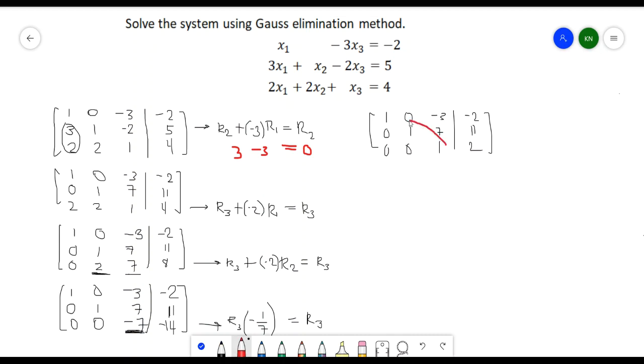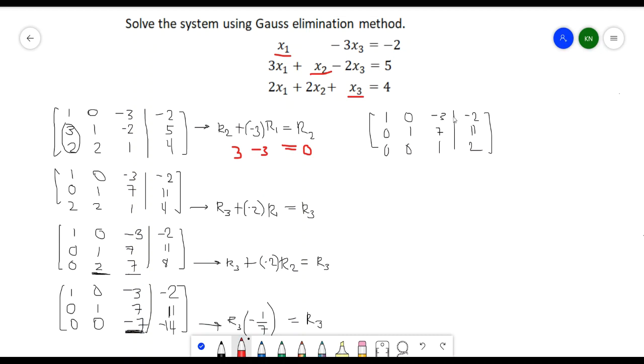So as you can see, we've already got our objectives, which is to have our diagonal elements as 1 and the elements below them equivalent to 0. So basically this is already the answer that we are looking for. But how can we know the value of our x sub 1, x sub 2, and x sub 3?